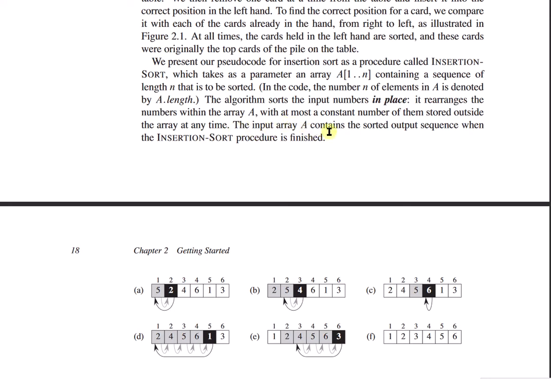The input array A contains the sorted output sequence when the insertion sort procedure is finished. I guess this is what they mean by in place. They are not trying to use any other new memory location for putting all the elements.